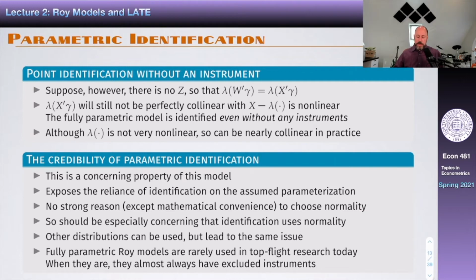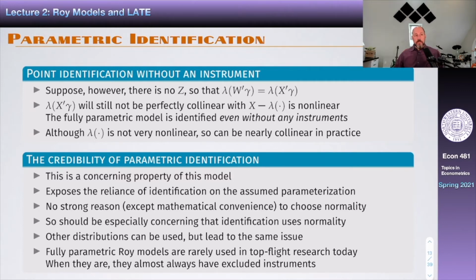But in principle, it should be concerning that all the identification comes from this normality assumption, which is very visible when we don't have an instrument. Okay, right now, I wrote here, at the risk of some people maybe getting upset, that fully parametric Roy models are rarely used in recent, good research. And when they are, I would say, almost always include instruments at least.